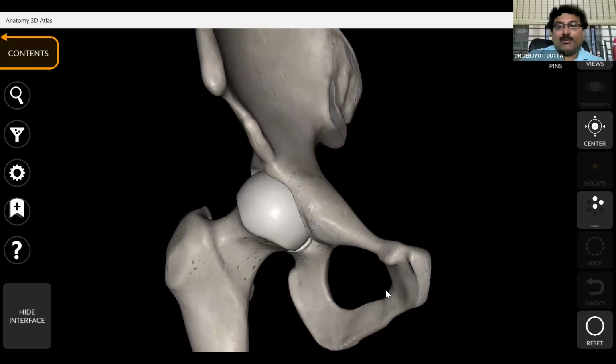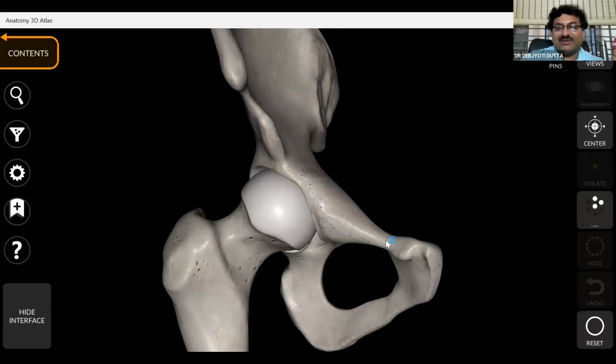So again, I am repeating the most important bony points around this. First, the anterior superior iliac spine. Then we have the anterior inferior iliac spine. Then we get the iliopubic eminence. Then the superior pubic ramus. Then the pubic tubercle.